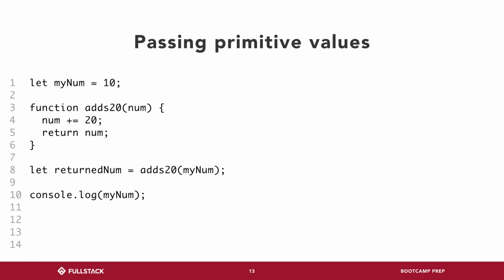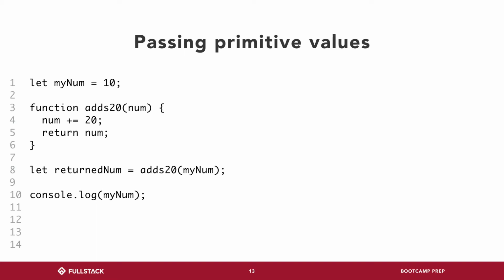I'm just going to go down line by line and go over what's happening exactly. On line 1, we are declaring a variable called mynum, and we're giving it the value 10, a primitive value because it's a number. On line 3, we are declaring a function, adds 20.